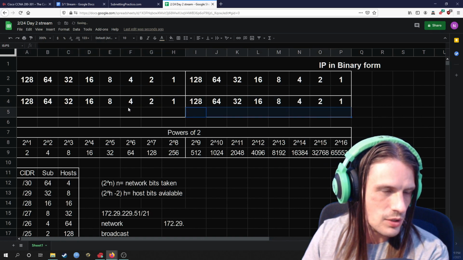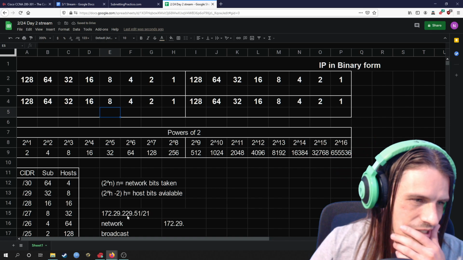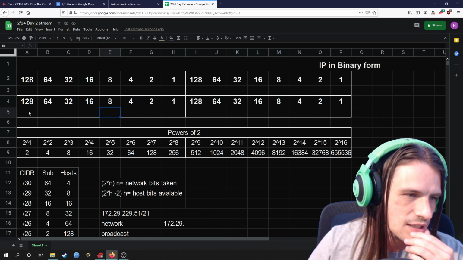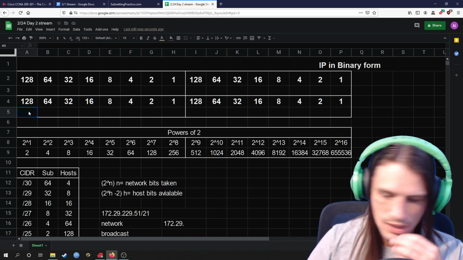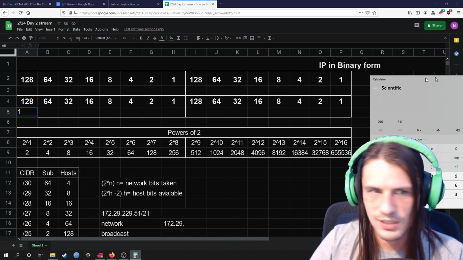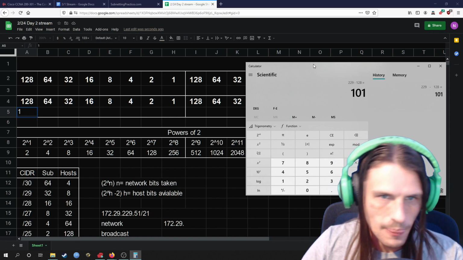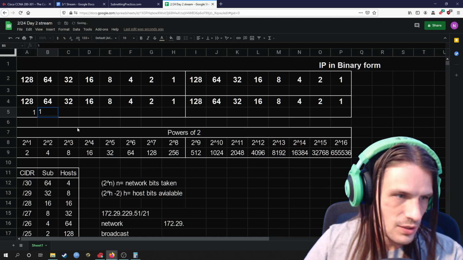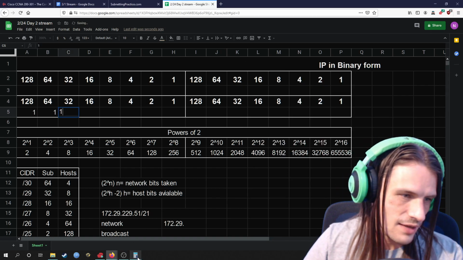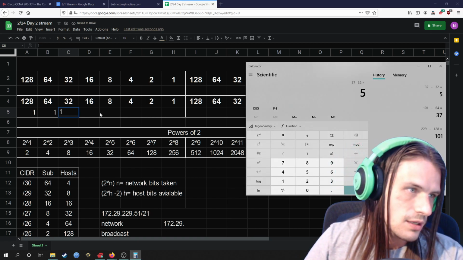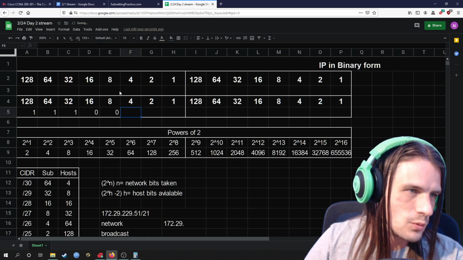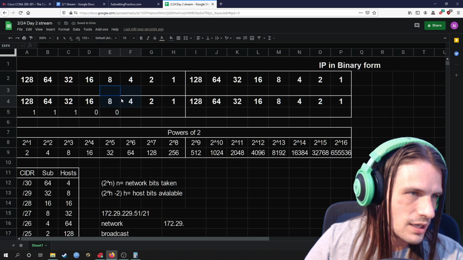It's a /21, we know that's going to be right here. So we take the third octet of the IP address and we place it in here. 229 definitely fits into 128, or 128 definitely fits into 229. That leaves 101. 64 definitely goes into 101. 32 definitely goes into 37. 16 does not go into 5. 8 does not go into 5. 4 does, but we don't really have to worry about it anymore because this is the /21 right here, right?